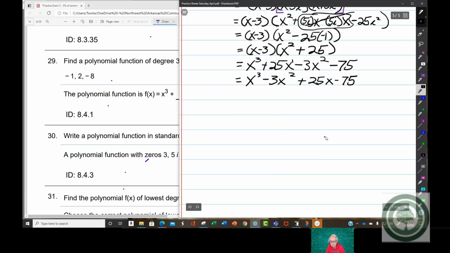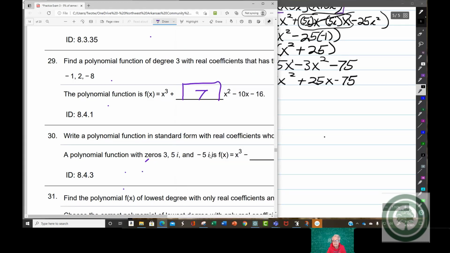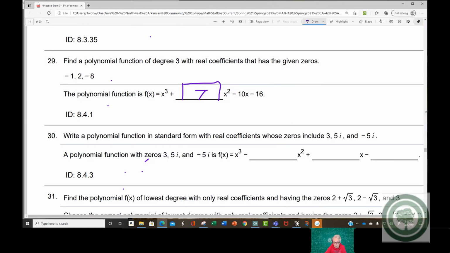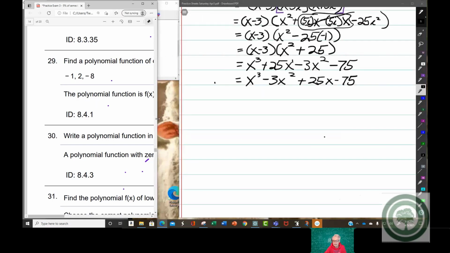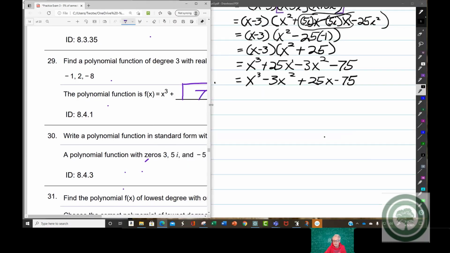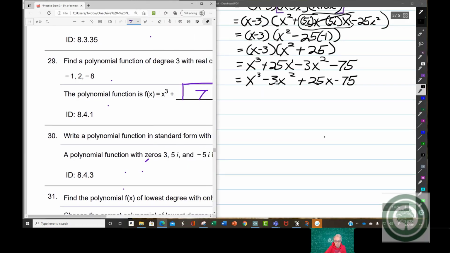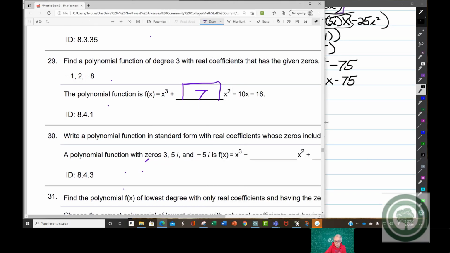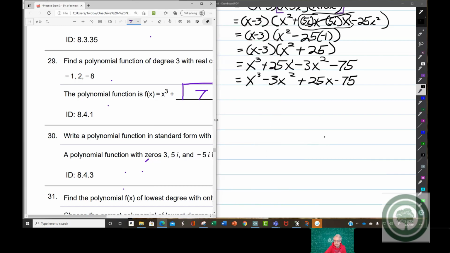So this is our f of x. So let's see, what are they going to want us to do this time? They want us to put in all the stuff. So you're going to have to actually end up putting in all the coefficients. Negative 3 plus 25 minus 75.